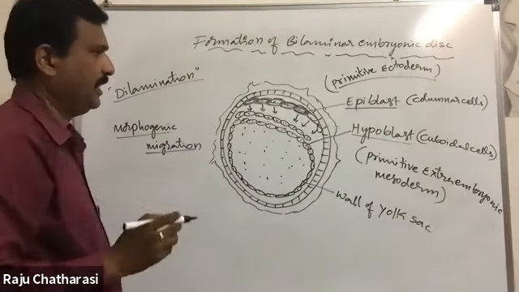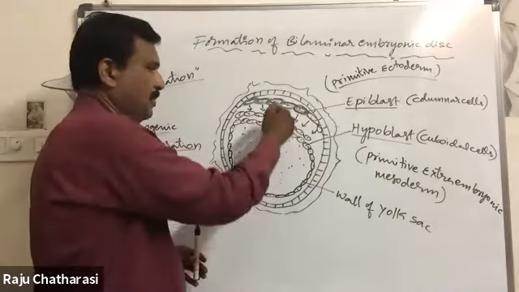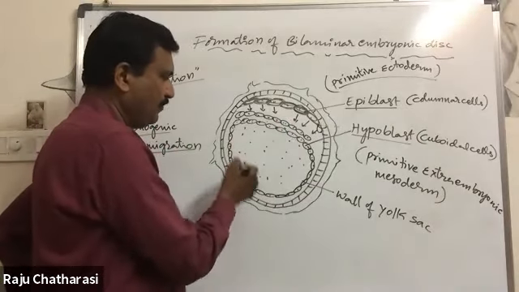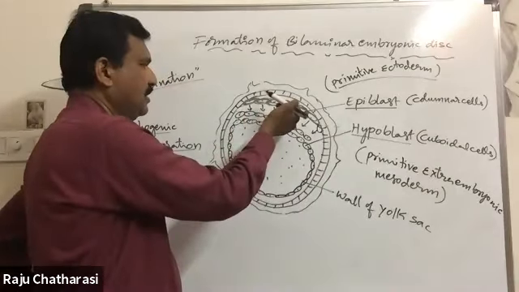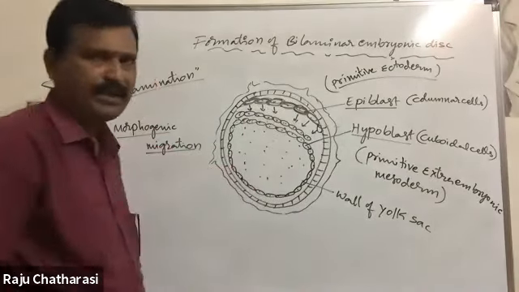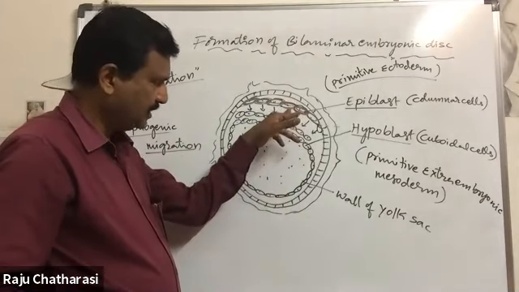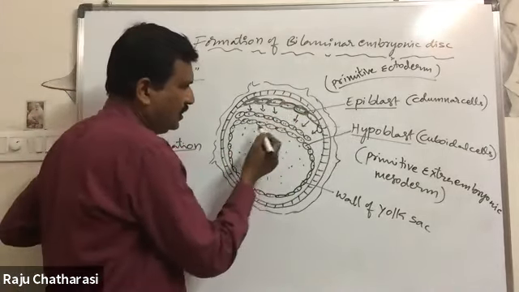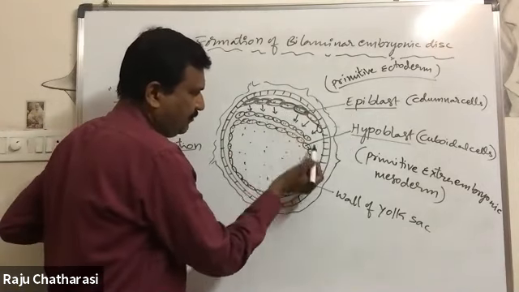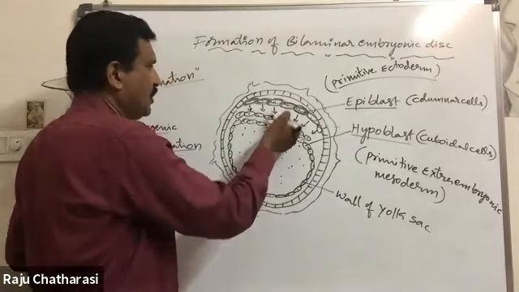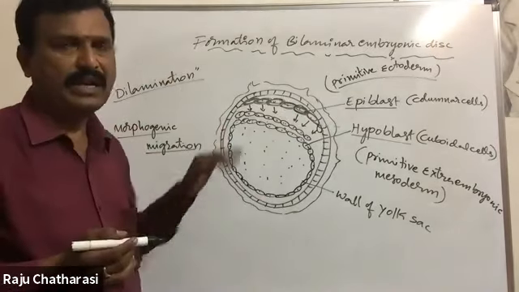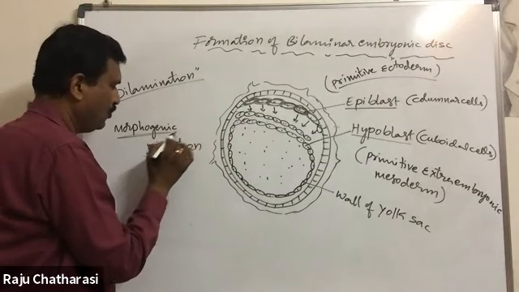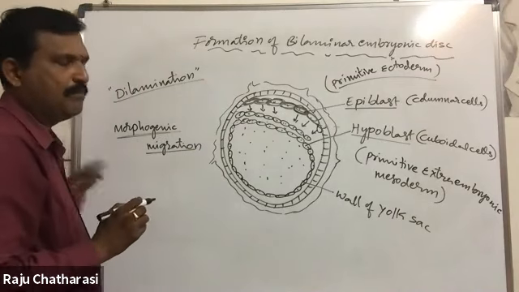Delamination means pushing down the hypoblast, which develops into the wall of the yolk sac, and separation of these two layers, where cells formed from the epiblast descend and occupy the place of the hypoblast. This is called delamination, and the movement of these cells is morphogenic migration.